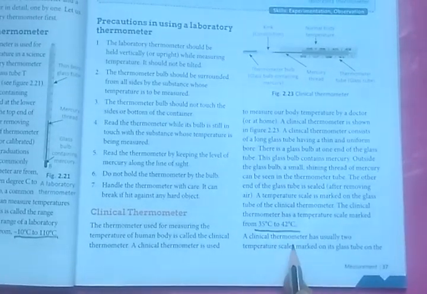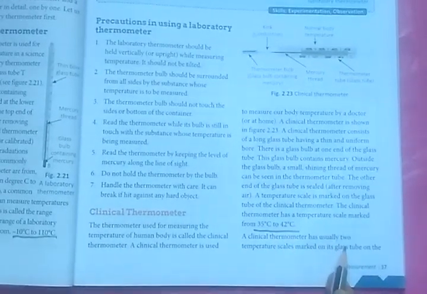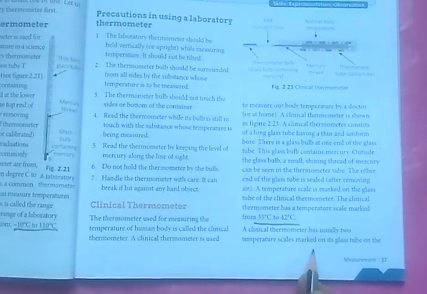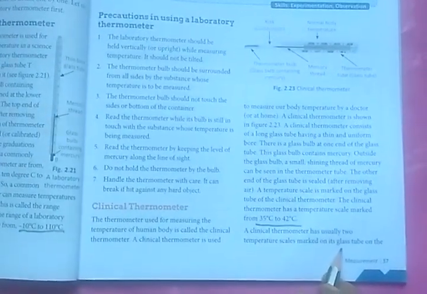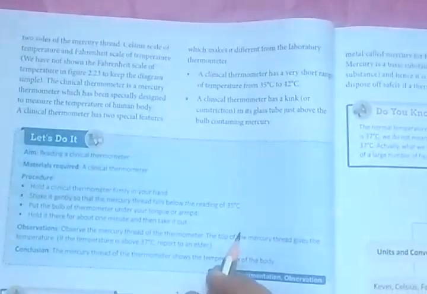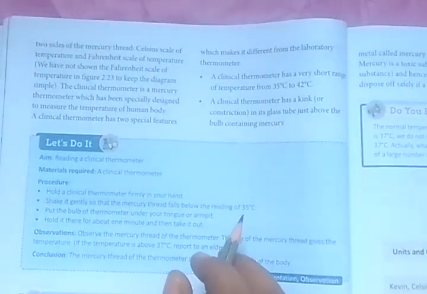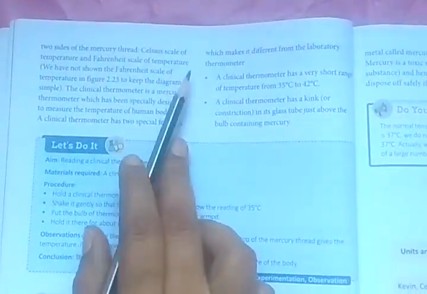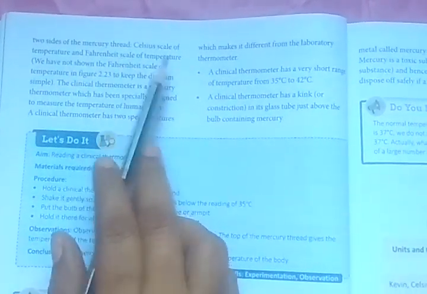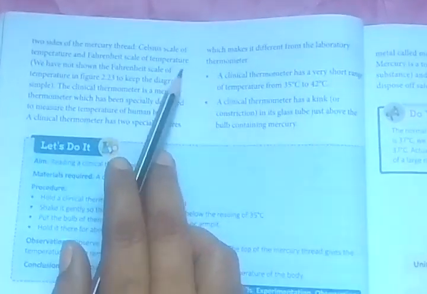A clinical thermometer usually has two temperature scales marked on the glass tube on the two sides of the mercury thread: the Celsius scale of temperature and the Fahrenheit scale of temperature.